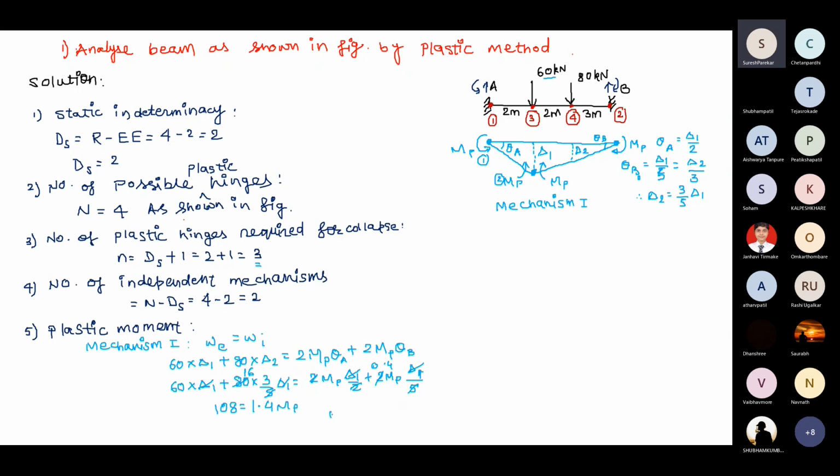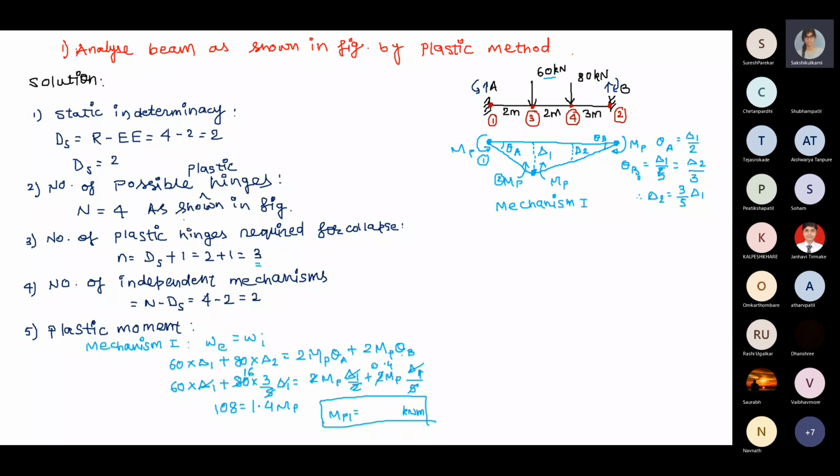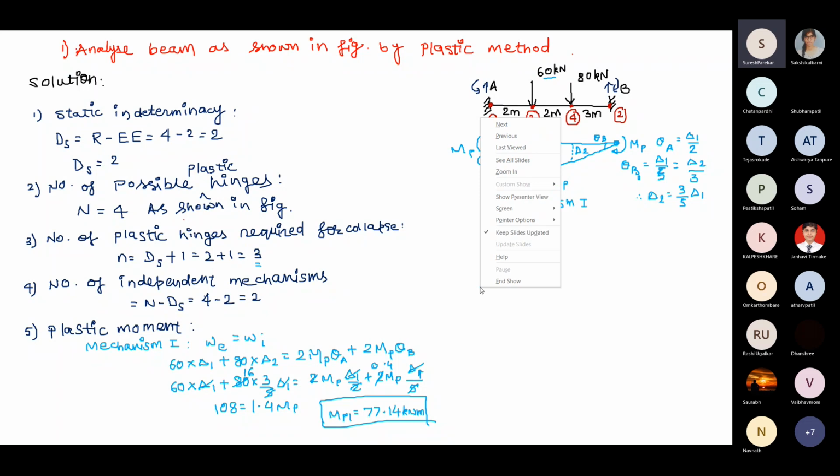And from this we will get Mp1 is equal to 77.14 kilonewton meter. This is mechanism 1.